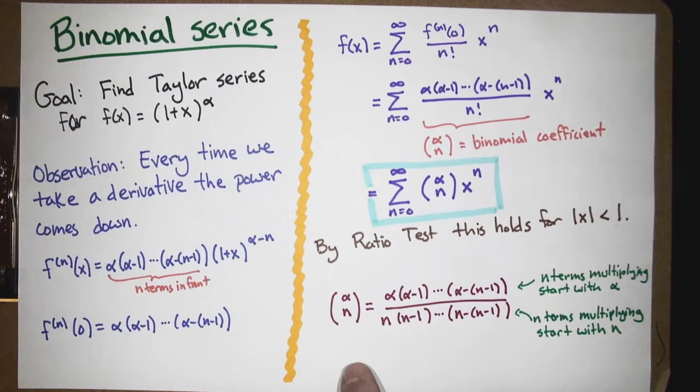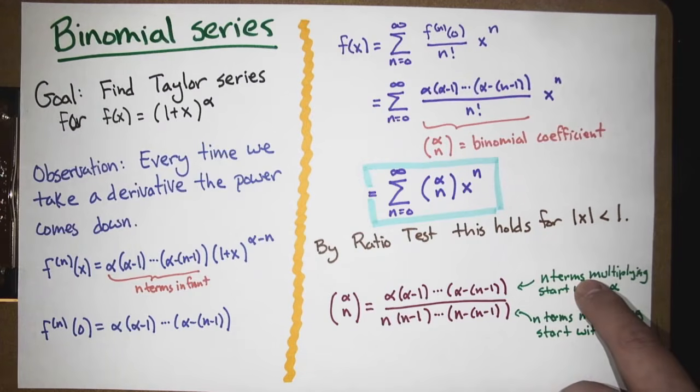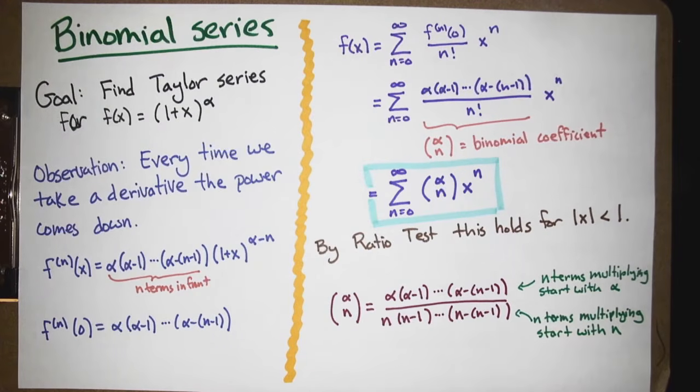And again, the binomial coefficient, we mentioned this before, it's n terms multiplying on top, n terms multiplying on the bottom. The only difference is where you start. Upstairs, you start at alpha, and then you keep going down by 1 until you get n terms out. Downstairs, you start with n, and then you keep going down by 1 until you have n terms out. And that's the derivation.